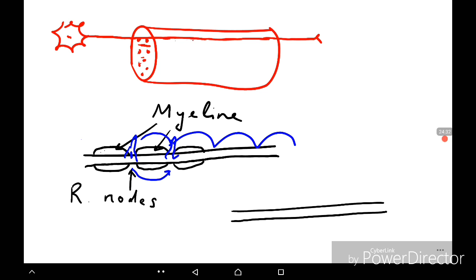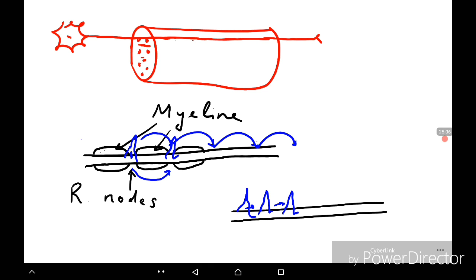where the action potential gradually propagates from one point to another along the nerve fiber, not jumping.